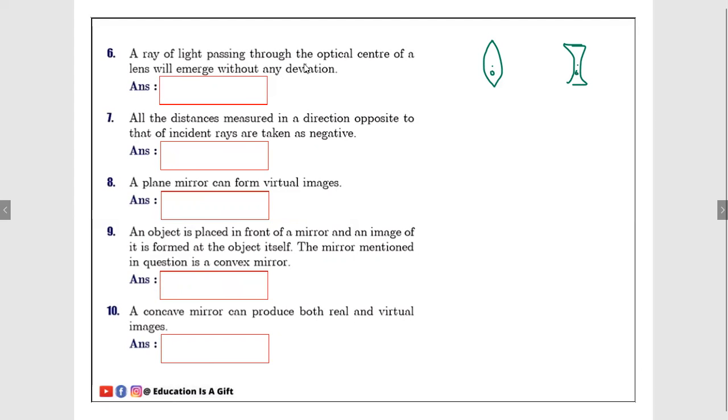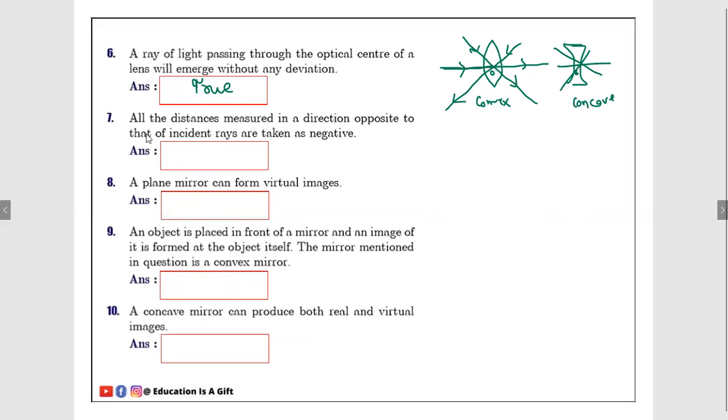They are asking, if light passes through the optical center of a lens, whether convex or concave, it will definitely emerge without any deviation. If you pass light in any of these directions, it will pass without deviation. So the answer is true.